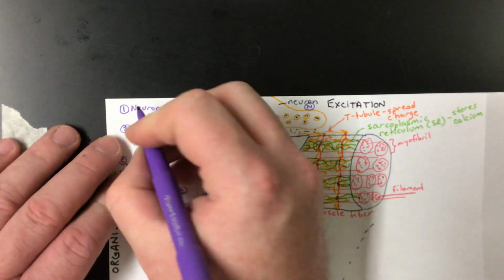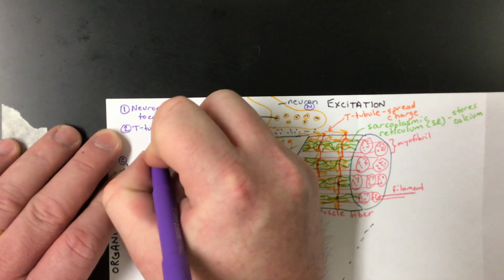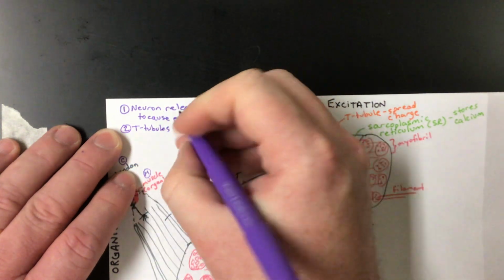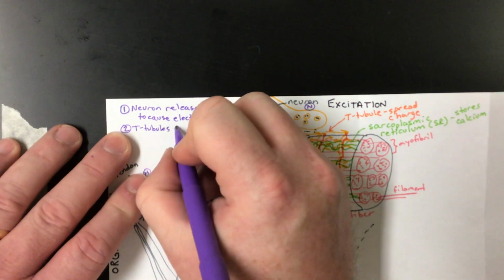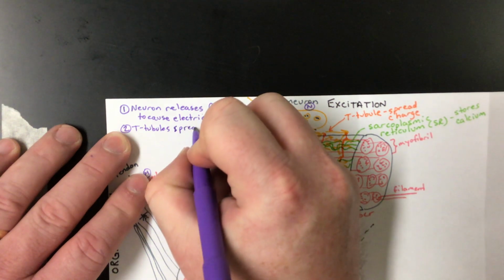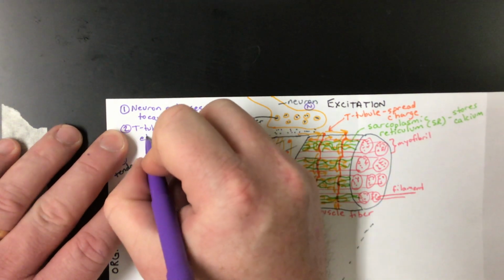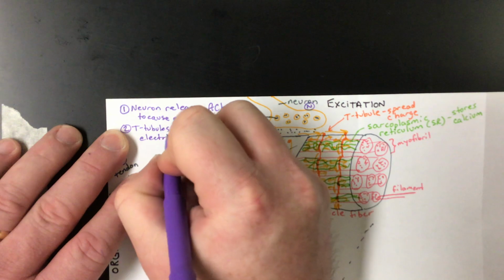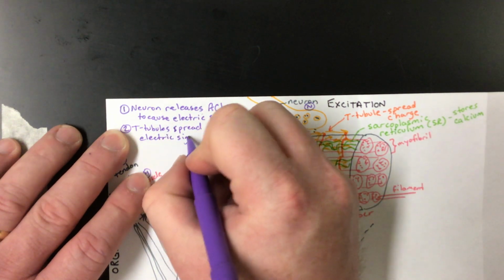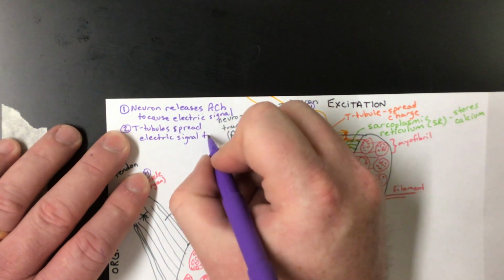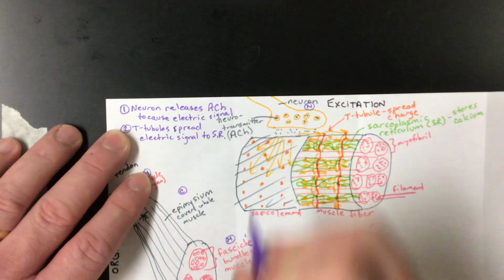Then our T tubules spread the electric signal to the sarcoplasmic reticulum.